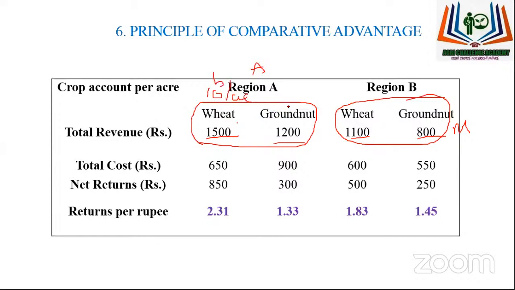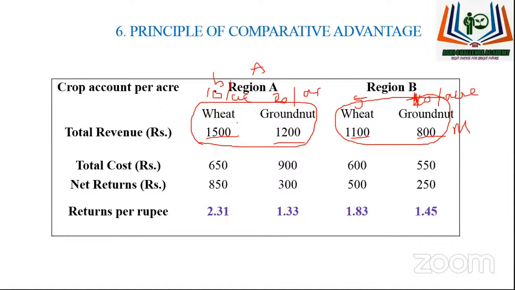In groundnut, 20 bags come from a single acre, so the yield per acre is 20 bags. Here just 5 bags of wheat come, and just 10 bags of groundnut come from one acre in physical units.